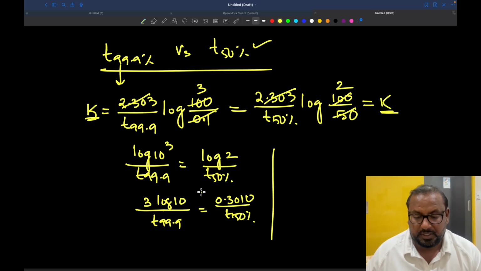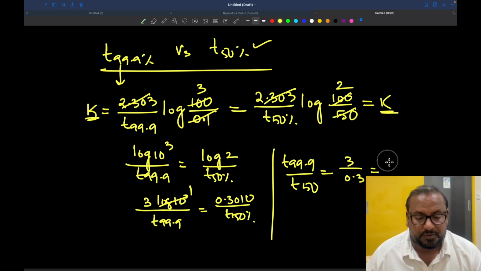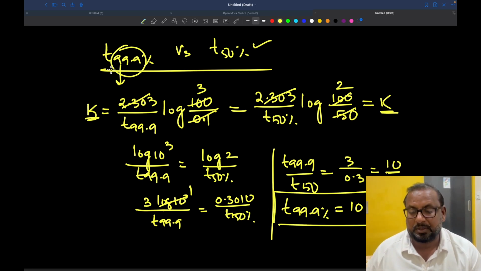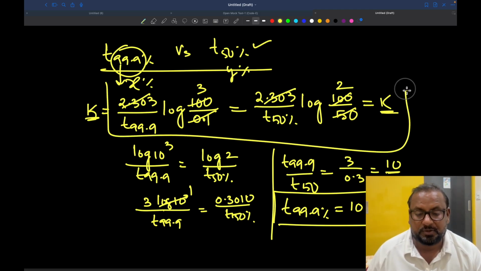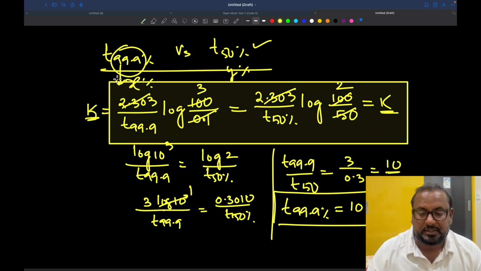Organizing the values, T 99.9% by T 50%, and log 10 is also 1, equals 3 by 0.3, which is almost 10. That means T 99.9% equals 10 times T 50%. You can establish this type of relation. If you know any percentage X versus percentage Y, just write both equations for both scenarios, equate them, and you'll find the direct answer.